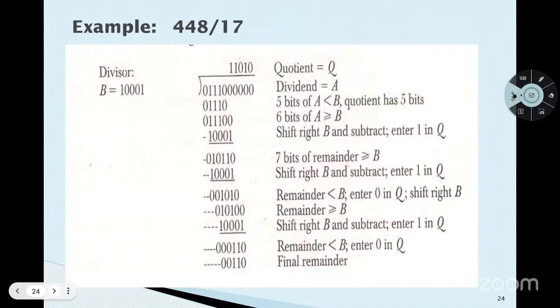The divisor we are taking in the B register and the dividend we are taking in Q as well as A. What is the divisor size? 5 bits. The 448, the total size is 1, 2, 3, 4, 5, 6, 7, 8, 9 bits. But 9 bits will not work, so we take 10 bits, an even number.